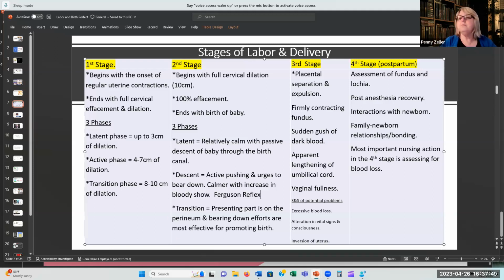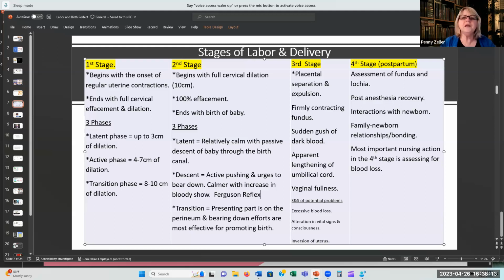The mother might feel a lot of pressure during this time, but she's more enthralled with her newborn, so she might not even know when the placenta is delivered. You're going to see that sudden dark gush of blood. That's when the placenta is released from the wall, along with the lengthening of the umbilical cord.